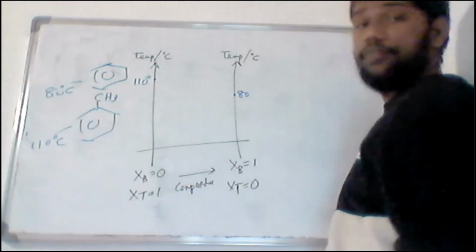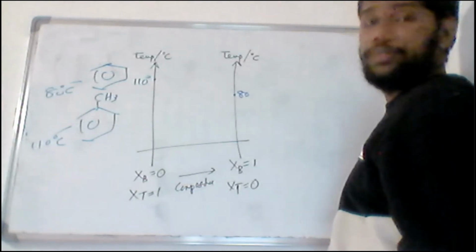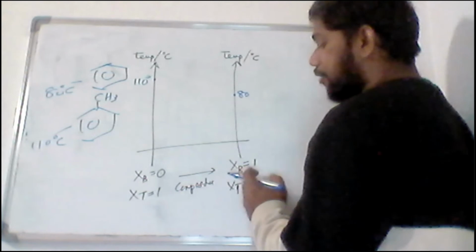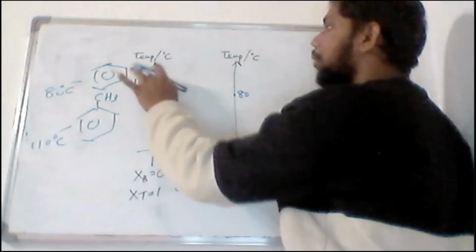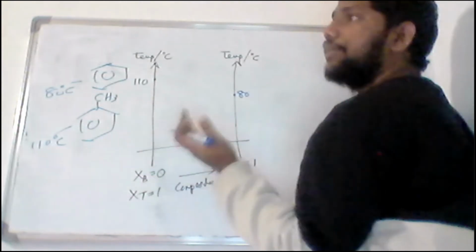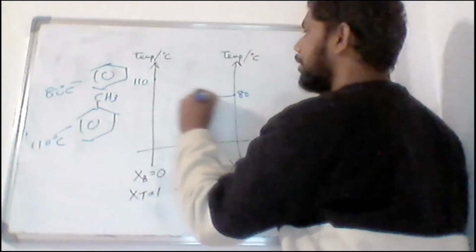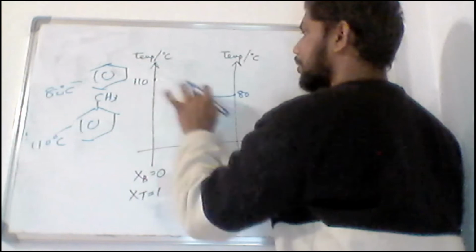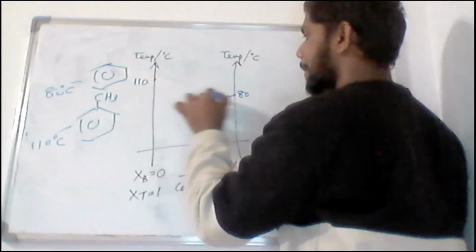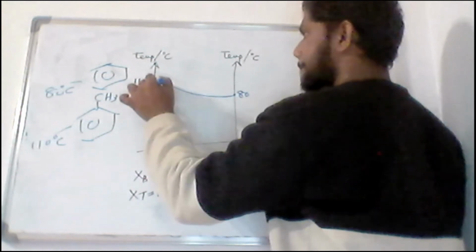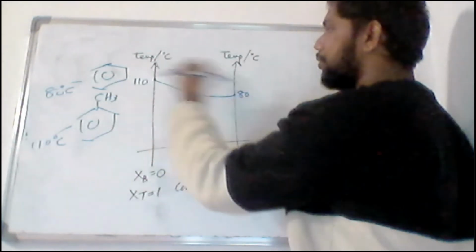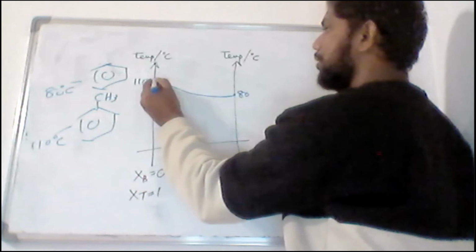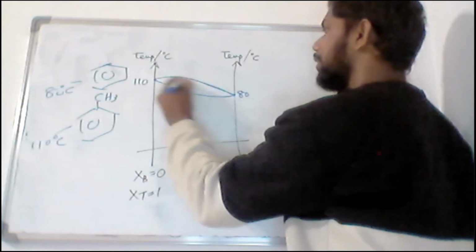Then you have to explain that composition. So when you change from benzene towards toluene, your boiling point is increasing. Sorry, it should increase. And when you go from toluene to benzene, your boiling point is decreasing. So it starts to decrease like this.